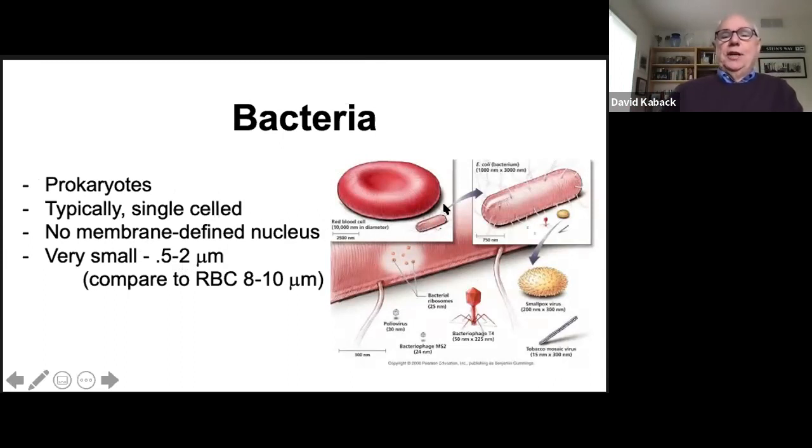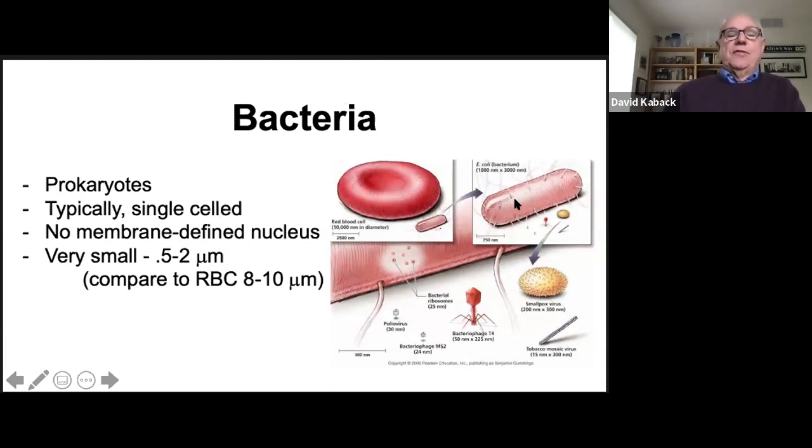This one here is about 1.5 microns, shown next to a red cell. Many bacteria can fit in a single red cell, and red cells are one of our smallest cells. Here it is enlarged over here. Of course, it makes viruses seem even smaller. You can see the relative size of a virus to a bacteria as shown here.